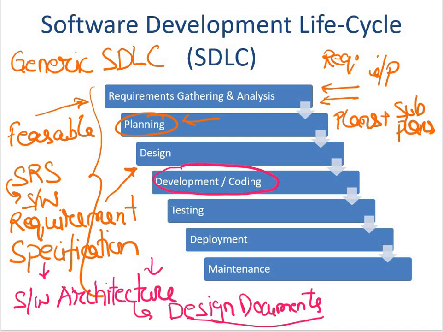In this particular phase, these developers will use compilers, interpreters, debuggers, or whatnot. We'll be going ahead with maybe a high level language like C, C++, Pascal, Java, PHP, or whatnot. It depends on whatever has been specified and what all potentials I have. I'll go ahead with that.